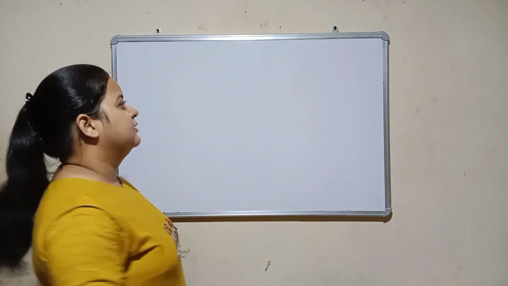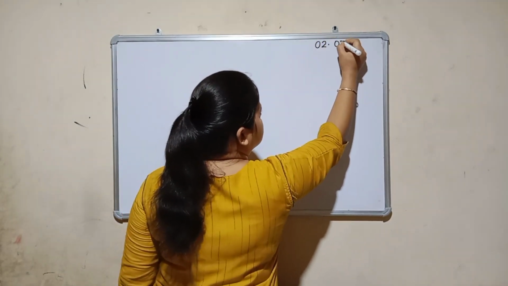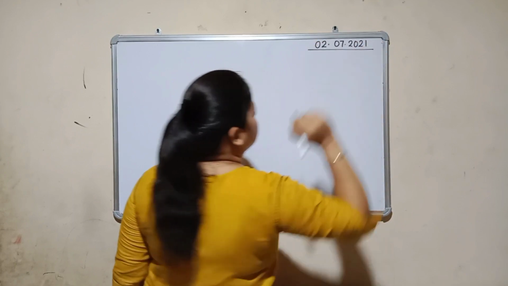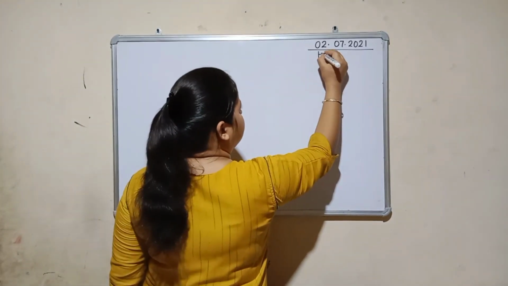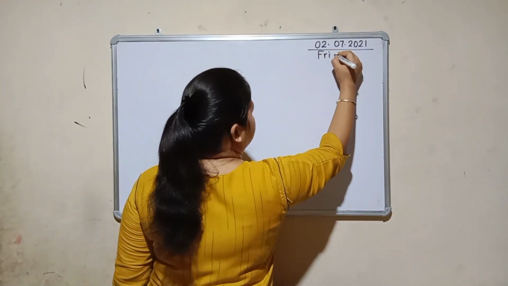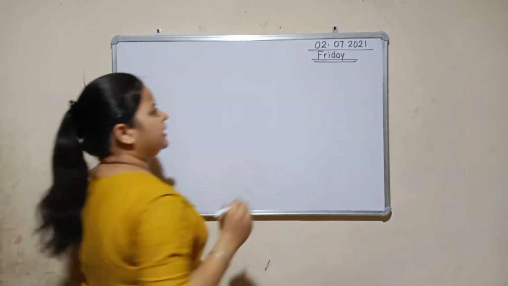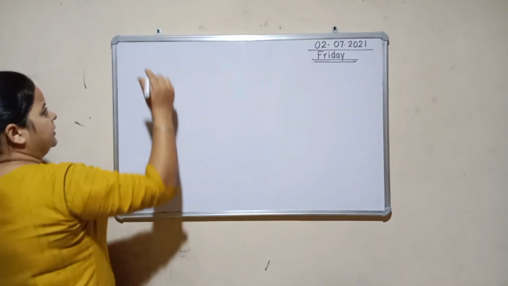Today is 2nd July 2021 and the day is Friday. Friday. Done?